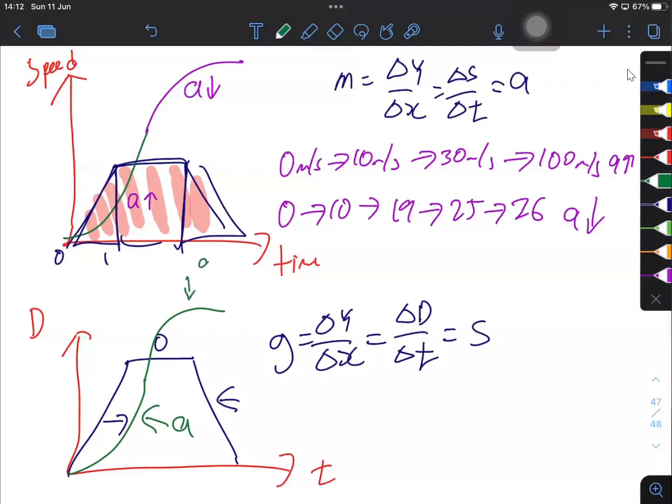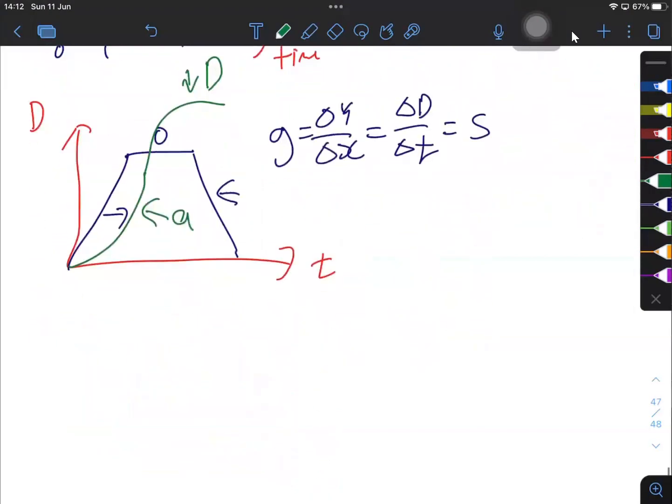And from here, you can see that it is decreasing gradient, which means this is obviously deceleration, guys. Oh, can you not see? For those who are sitting a bit far behind, I'll try to write more on top, so that everyone can see.